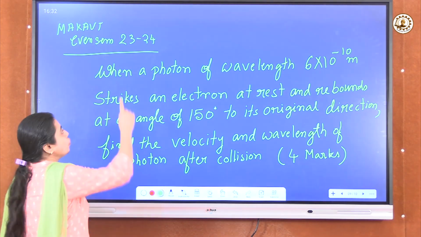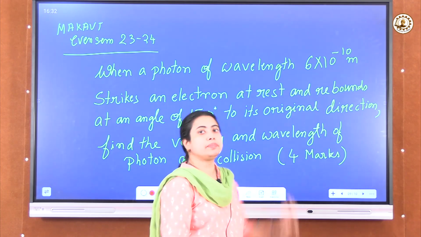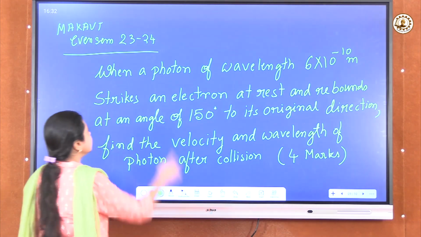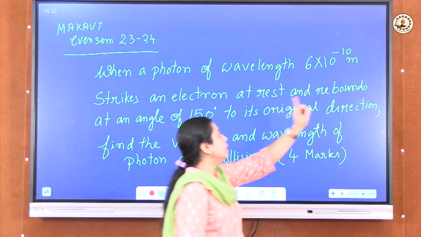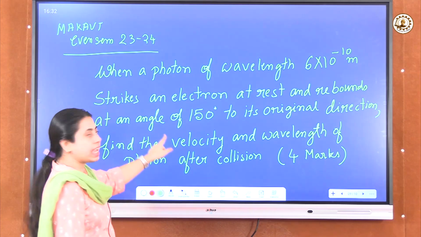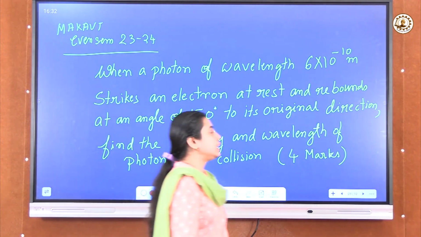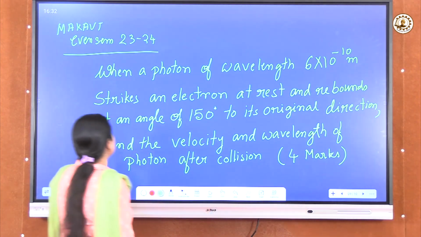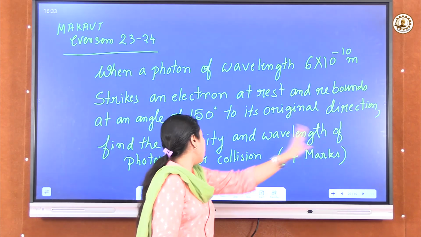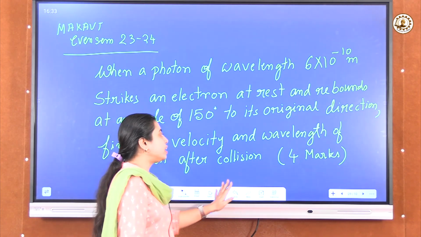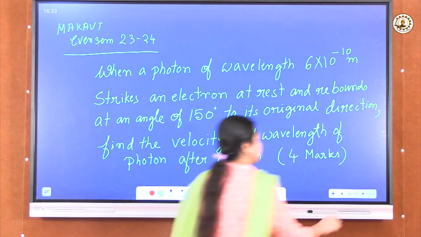The question is: when a photon of wavelength 6 into 10 to the power minus 10 meter strikes an electron at rest and rebounds at an angle of 150 degrees to its original direction, find the velocity and wavelength of the photon after collision. Marks allotted is 4. So let us solve it.